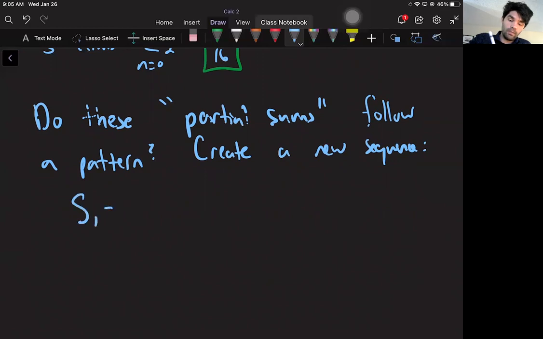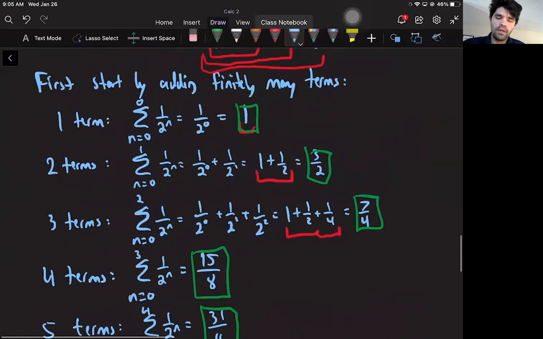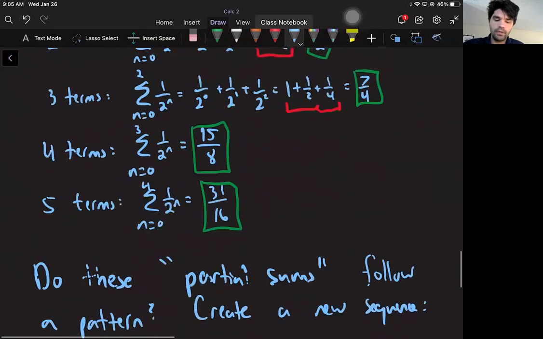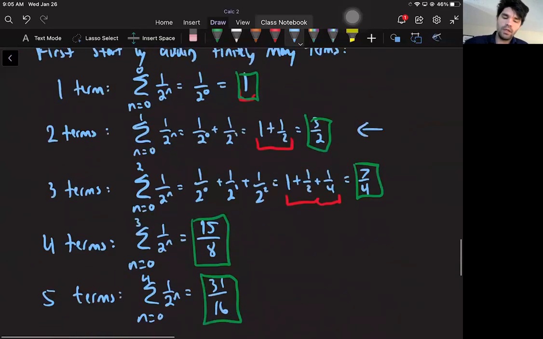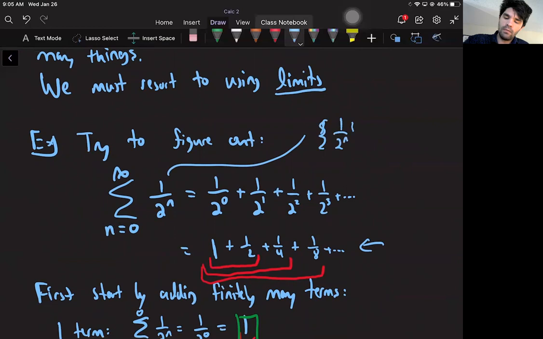So S1 is really just the first number, which I guess was A0 because we started counting at 0 in this problem. And so that was just 1. S2 would have been A0 plus A1. That's what this was, A0 plus A1, if I originally named the sequence 1 over 2 to the n, starting at 0 for n.